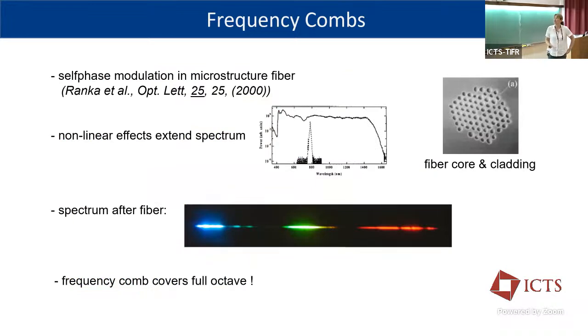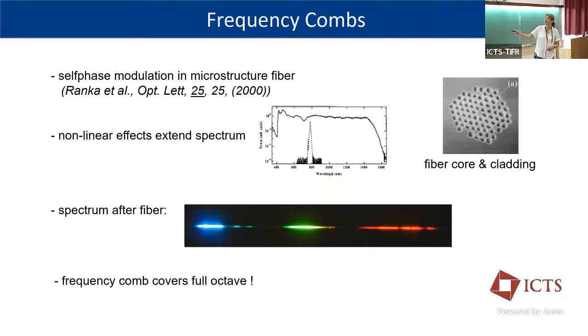And just so that you have seen it once, if you have a simple pulsed laser, be it a Ti-Sapphire or a fiber laser, of course it's not octave spanning, it's not so broad. So what people typically do is send it through a nonlinear fiber where you have a very high intensity, and then you get nonlinear self-phase modulation that broadens your spectrum.